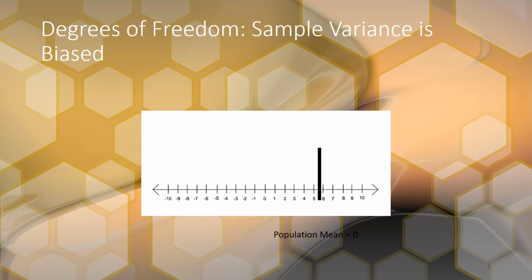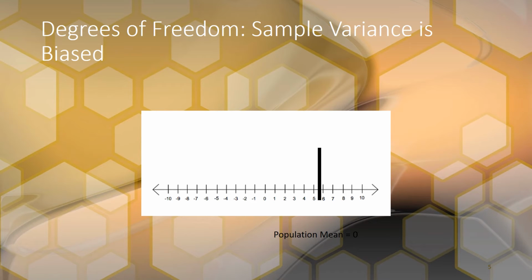Now I'm going to talk about why the sample variance always underestimates the population variance, and that's why we call it biased. So say we have this population out there, and the values in the population take on numbers from -10 to 10, and each of them are equally likely to happen.